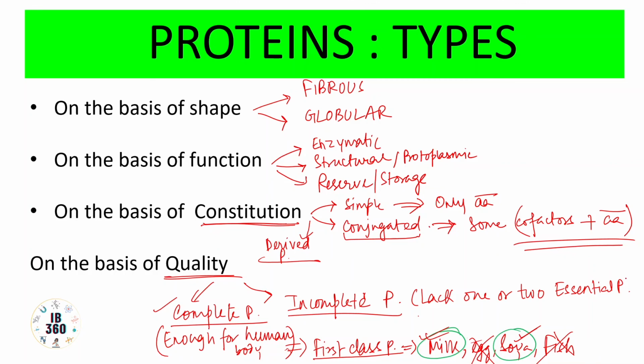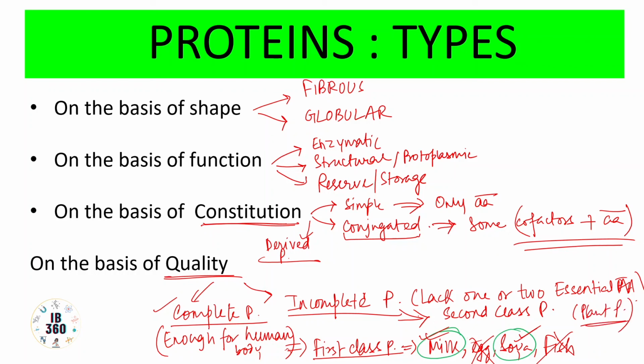These are second class proteins, and plant proteins are these.